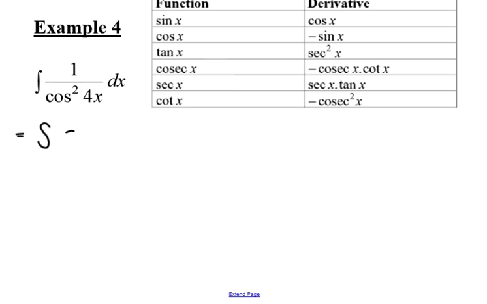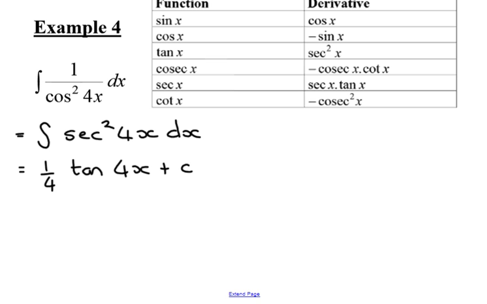So I'm finding the integral of sec squared 4x dx. So I have a look here. Do I have sec squared of an angle? Yes. The integral of sec squared of an angle is tan of an angle. But then I see that it's composite, so it's linear. So I multiply by 1 over 4 to compensate. So 1 over 4 tan 4x plus my constant of integration.